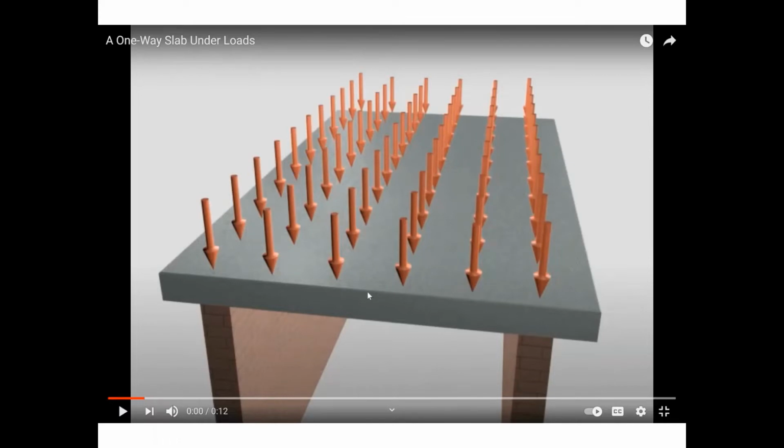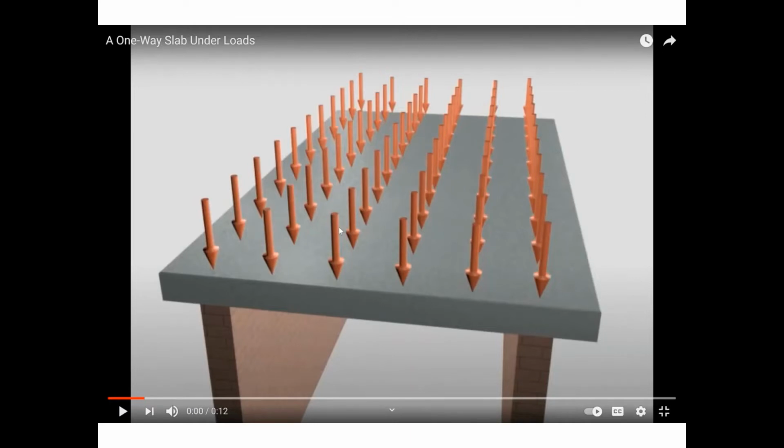If the longer divided by the shorter is greater than 2, any load of this slab will be supported in one direction, to this side and the other side. We don't have any support to the top and the bottom, only one direction.